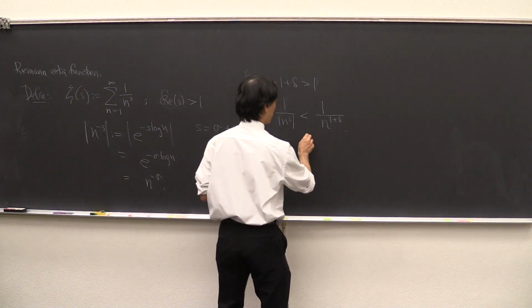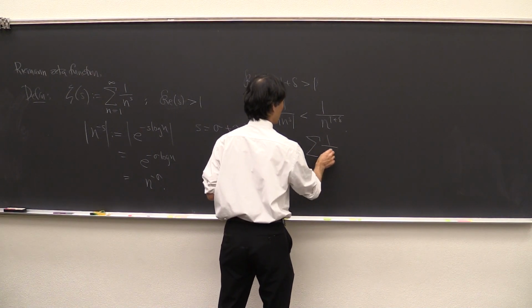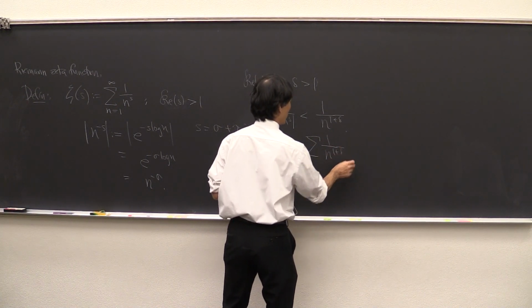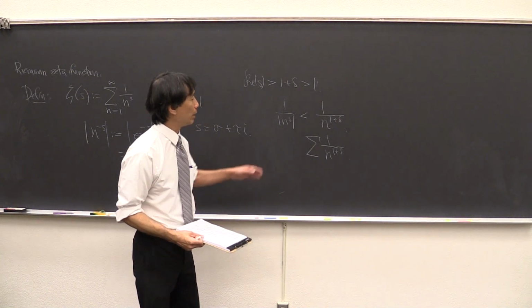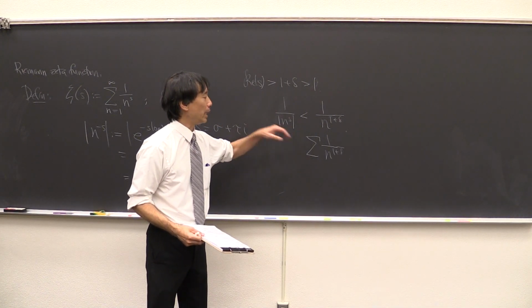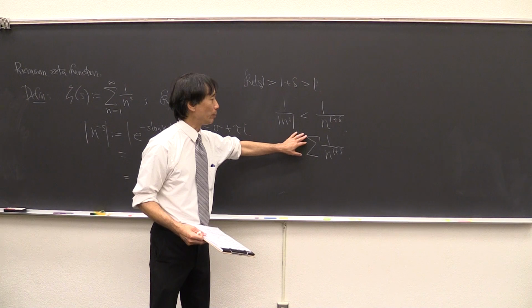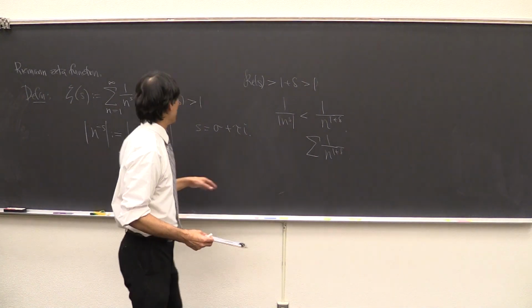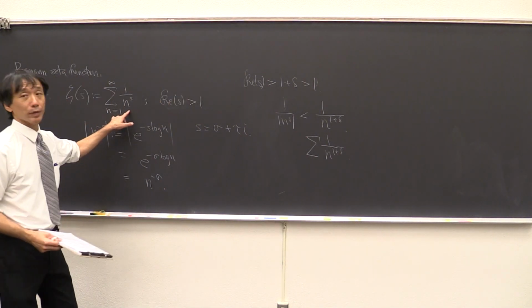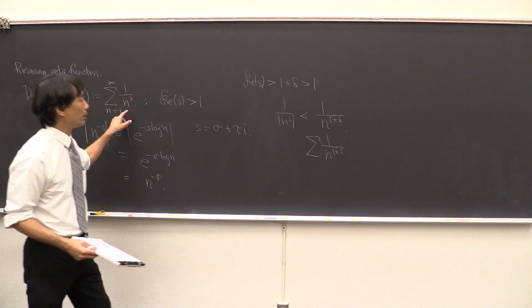And since sums of this form converge, then by the Weierstrass M-test this converges uniformly, right?